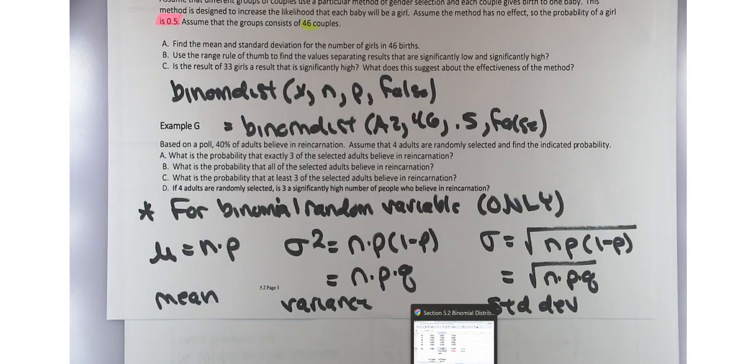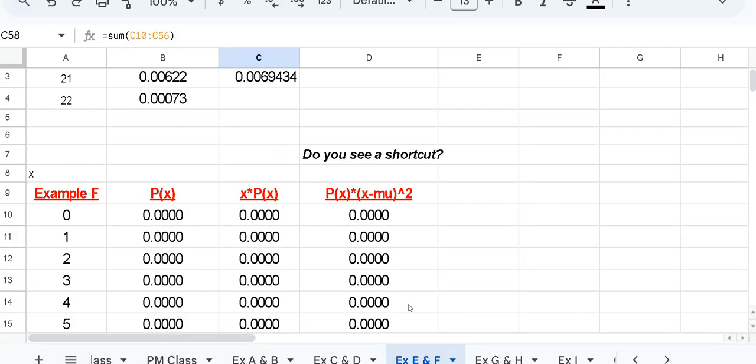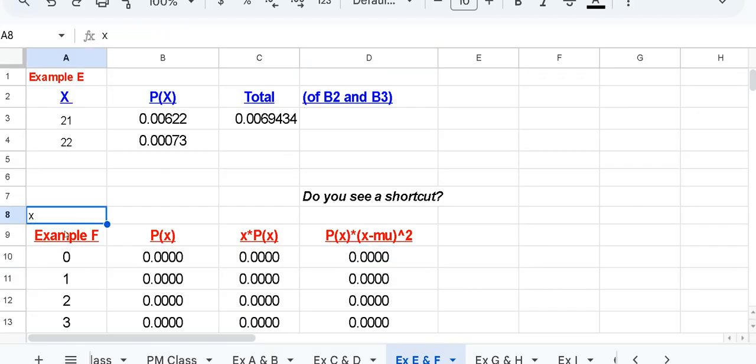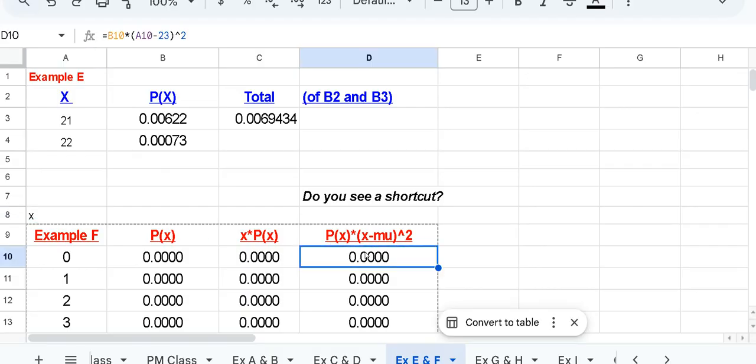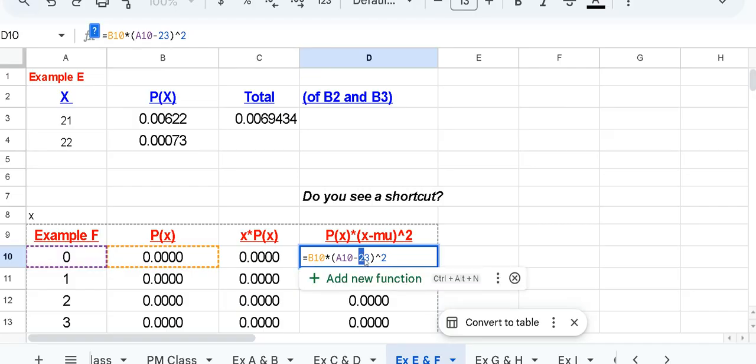If you take a look at 5.2, here's that column: x times p of x minus mu. Again, this is your column for x's. If we highlight this, you can see all the cells involved. One thing I want to stress when you do these things: type in the value for mu.